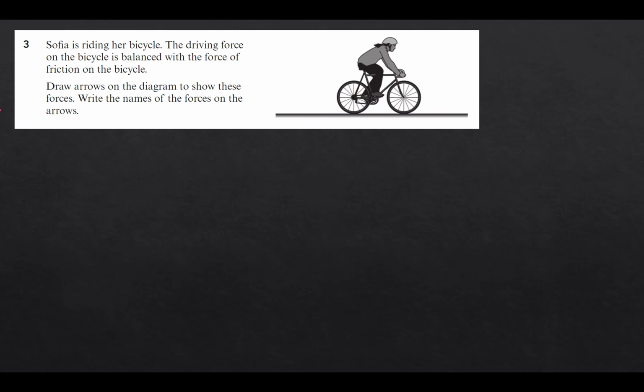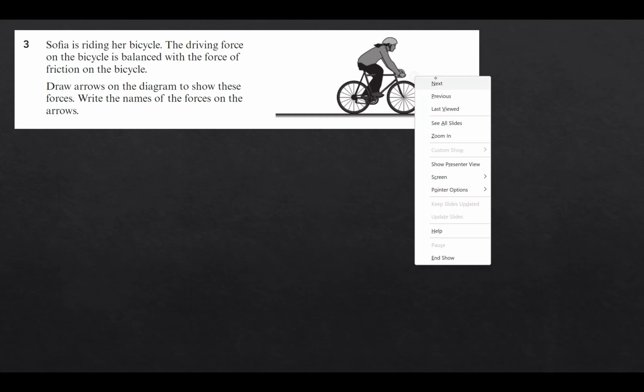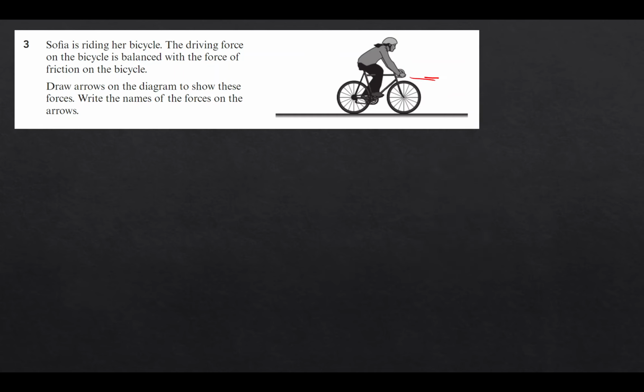Let's look at the third question. Sophia is riding her bicycle. The driving force on the bicycle is balanced with the force of friction on the bicycle. Draw the arrows on the diagram to show these forces. Write the names of the forces on the arrows. Now we have to draw two arrows. One arrow facing to the right, you have to use a scale and a pencil to draw it.